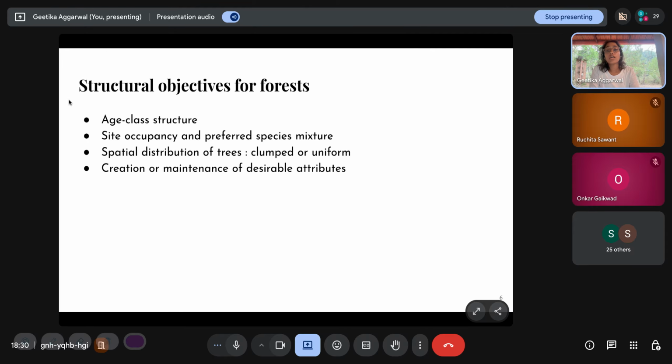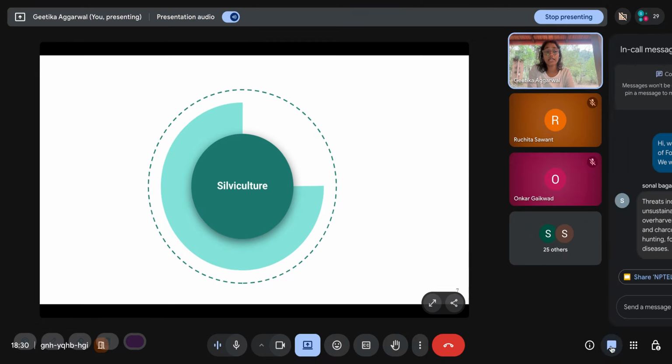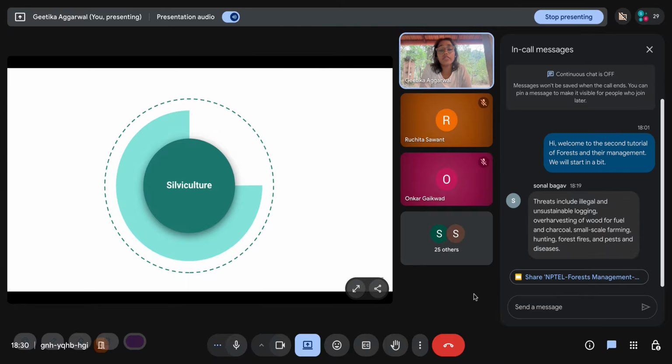Okay, so that's about the structural objectives for the forest. Silviculture in itself is related to many of the basic fields in forestry. So we're going to discuss some of these basic fields, but if somebody already has an idea, you can tell me what are the different fields in forestry that silviculture is related closely to.